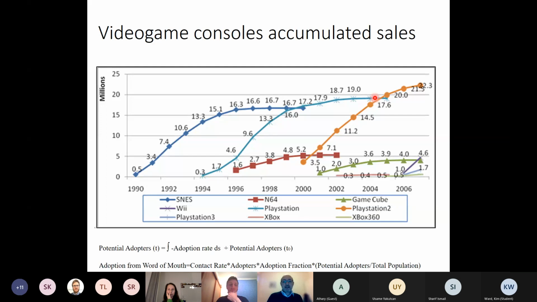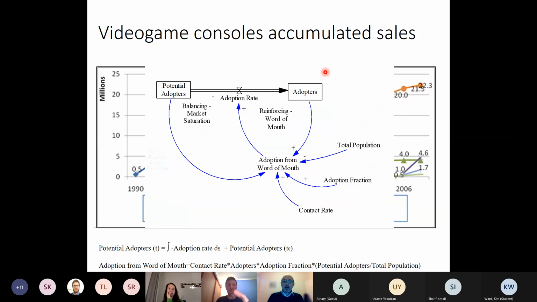Well, basically, this goal is that while you have a number of adopters that talk about the product, and they try to convince people who are not using the product to join, there's a finite number of people who can buy the product, who can be a user of a product, who can be infected.